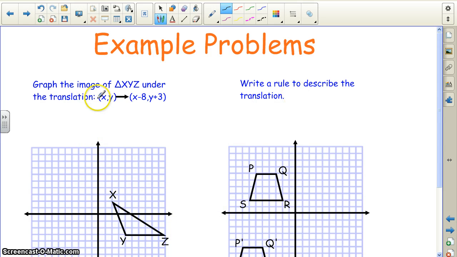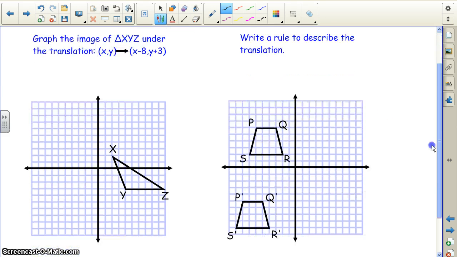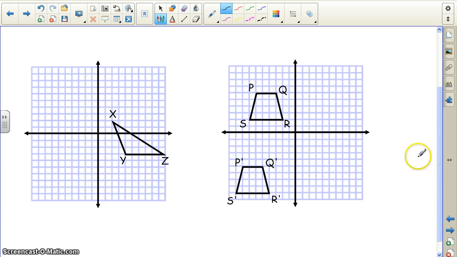Our next example here, we're going to skip the first one. You're more than welcome to do it on your own if you want to practice graphing. The one that I'm more worried about is being able to write the rule. So if I look at my two figures, this PQRS is my pre-image, and the trapezoid P'Q'R'S' is my image. So I'm going from P to P prime. I'm going to the left 2 units, and I'm going down 1, 2, 3, 4, 5, 6, 7, 8, 9, 10, 11.